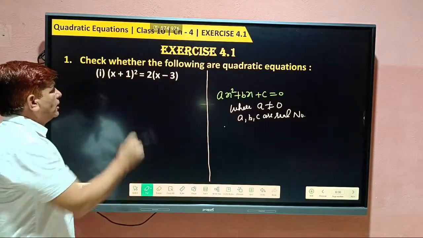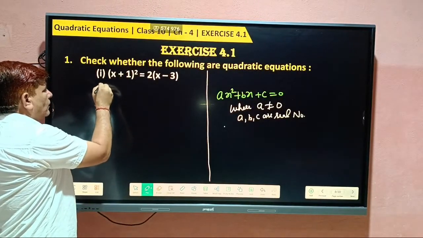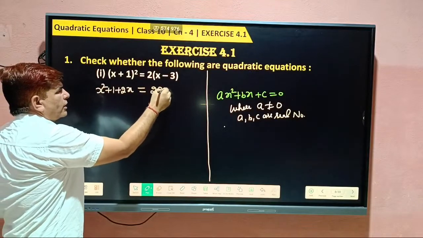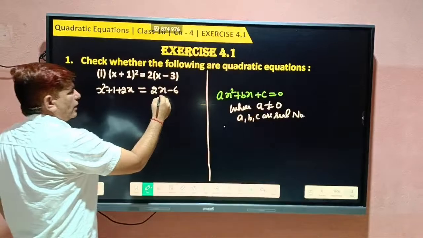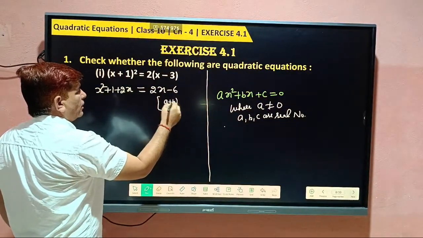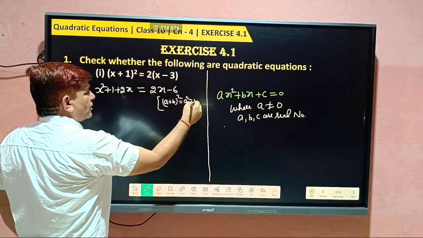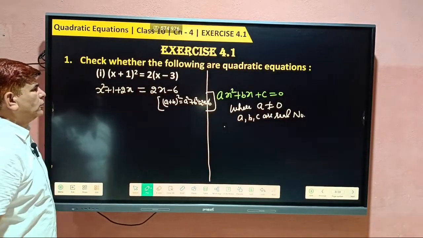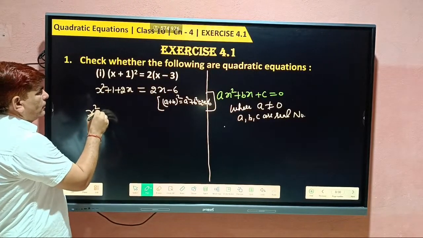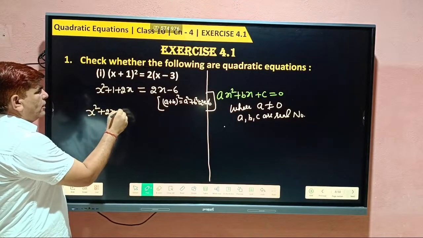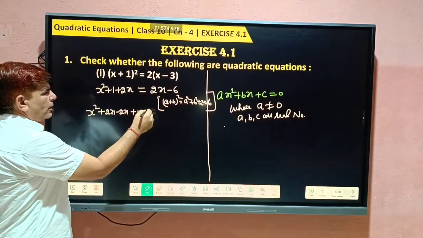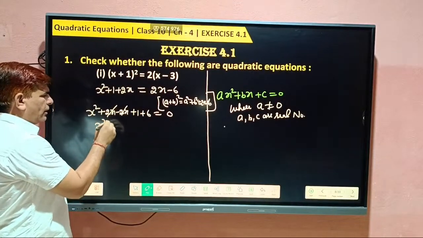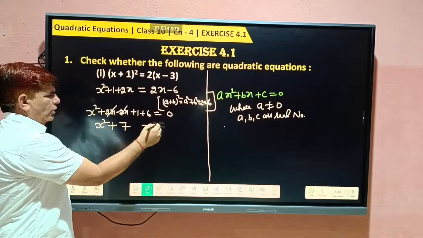You have to simplify it first. (a + b)² = a² + b² + 2ab, so x² + 1 + 2x = 2x − 6. Using this, next step: x² + 2x − 2x + 1 + 6 = 0. This cancels this, so x² + 7 = 0.